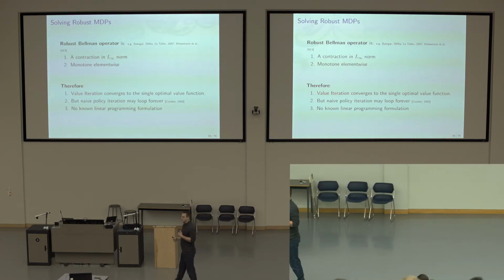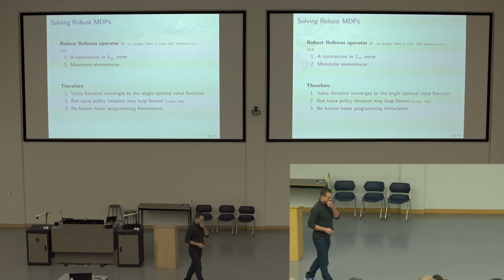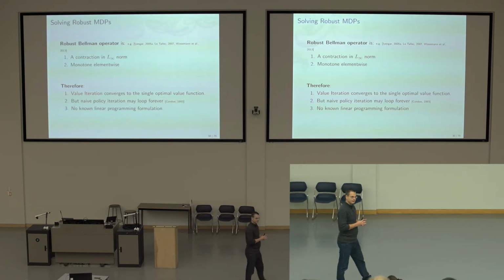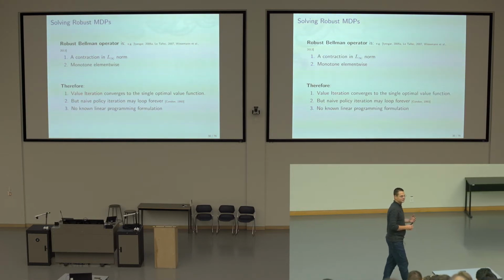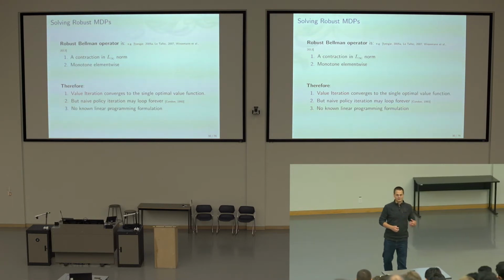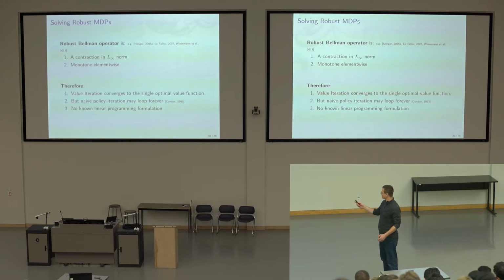I actually did this myself for many years, and it seems like it should work. And it works most of the time, but not always. Turns out that's not a good algorithm. It may not converge, may loop forever.